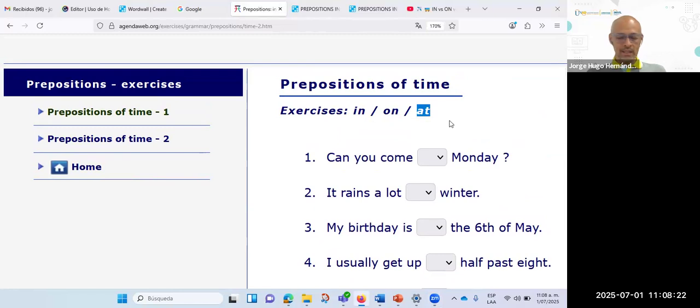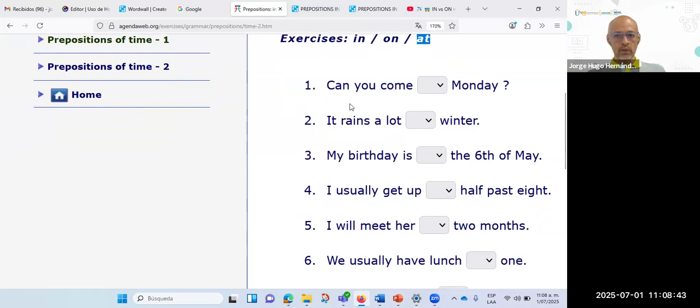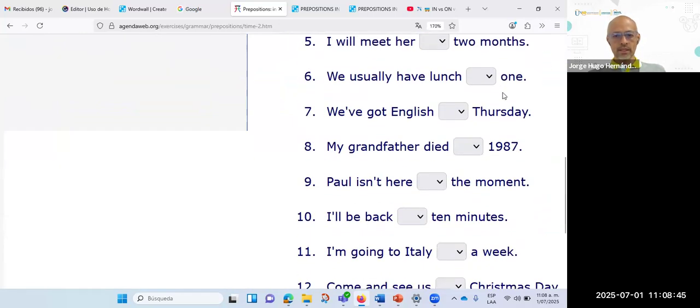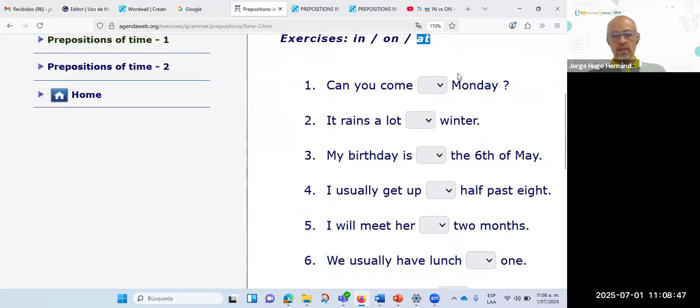Remember that in English there are some strict rules for using each one of them. We have to use in for specific cases, on for specific cases, and at for specific cases. We're going to complete these 12 sentences using one of these prepositions.